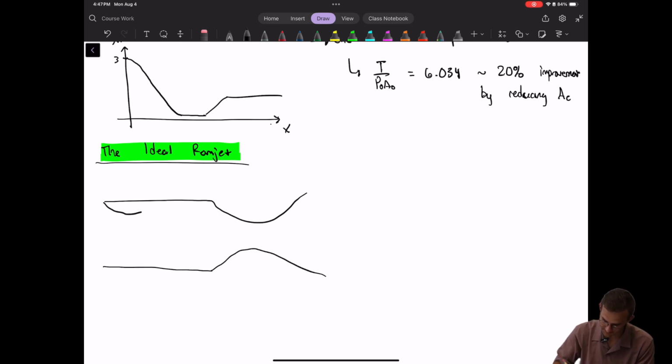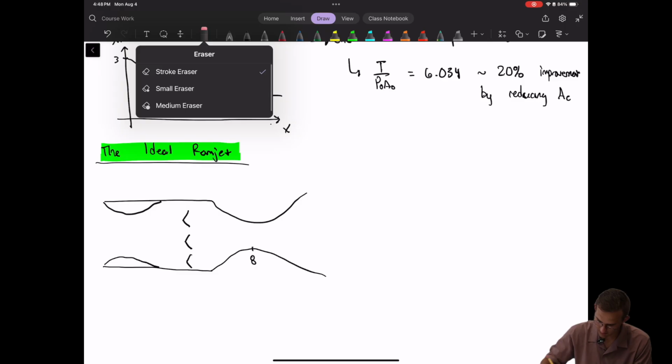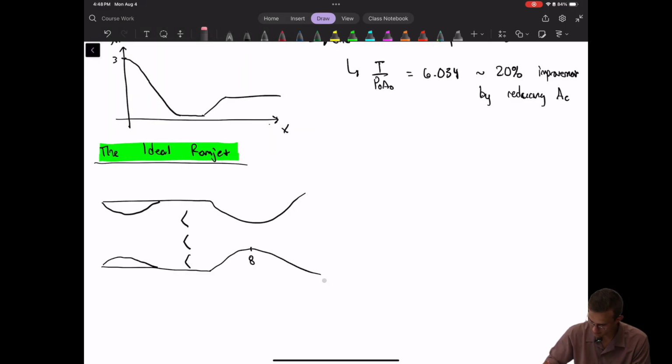We have our inlet that slows down the flow. We have our burner, and then we have our throat here, E, or 8, and then the exit is here. Okay?